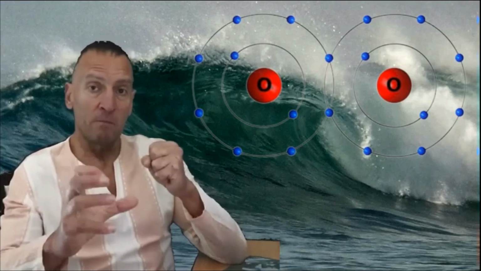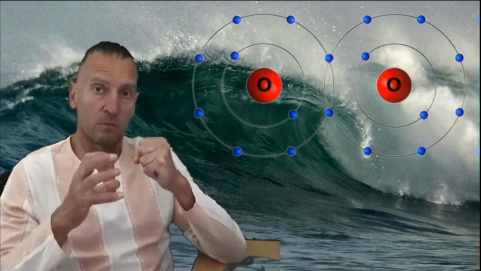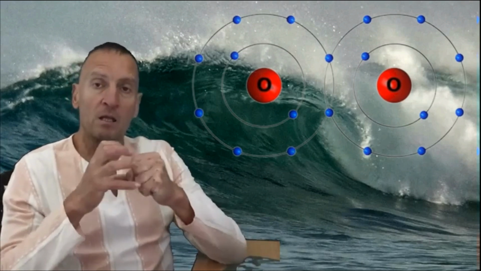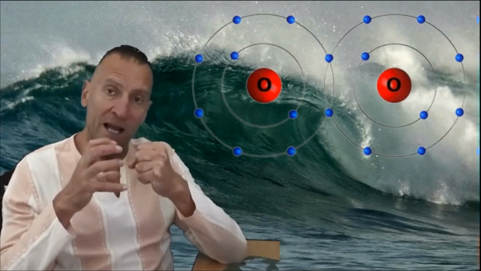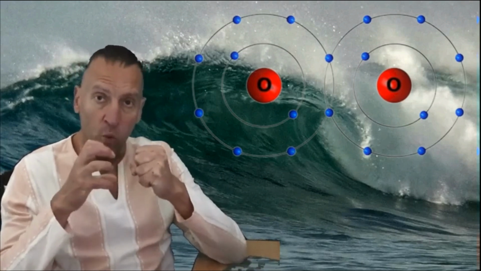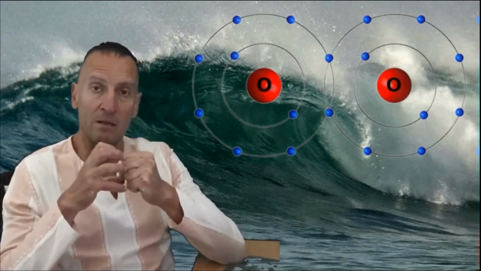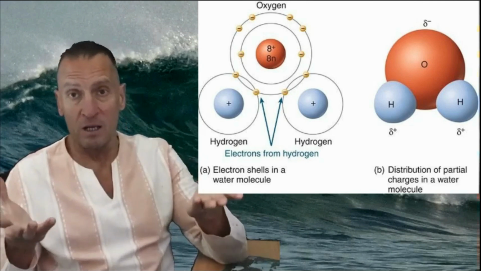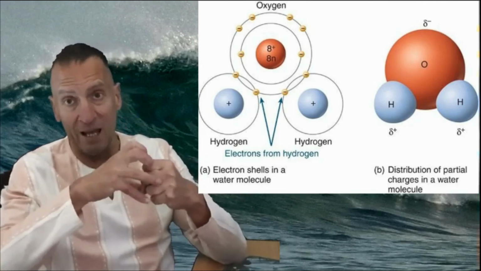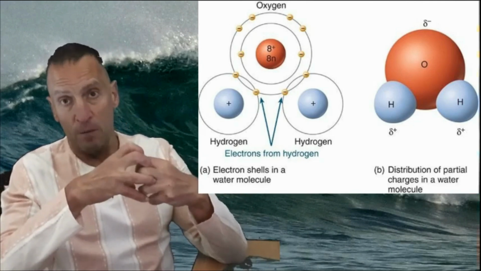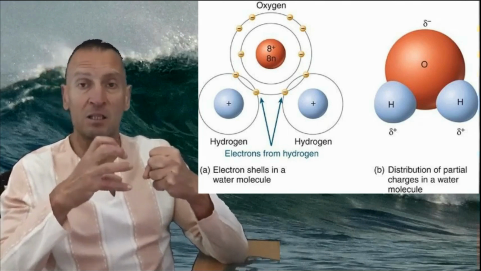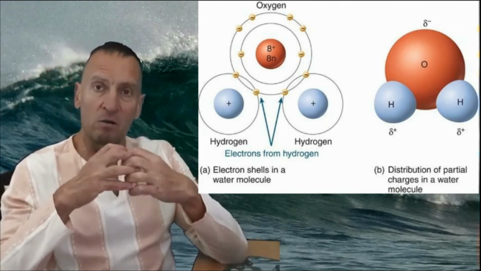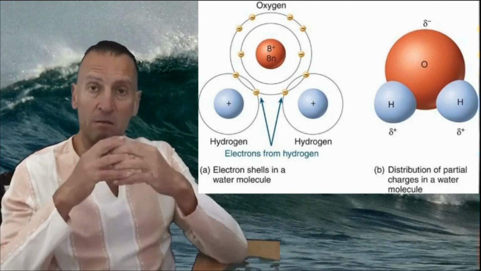But now in some of the combinations, one of the atoms more strongly pulls the other atom toward it. Say, for example, water that we're studying: the oxygen pulls the electrons more from the hydrogen, and this is what's called a polar covalent bond.